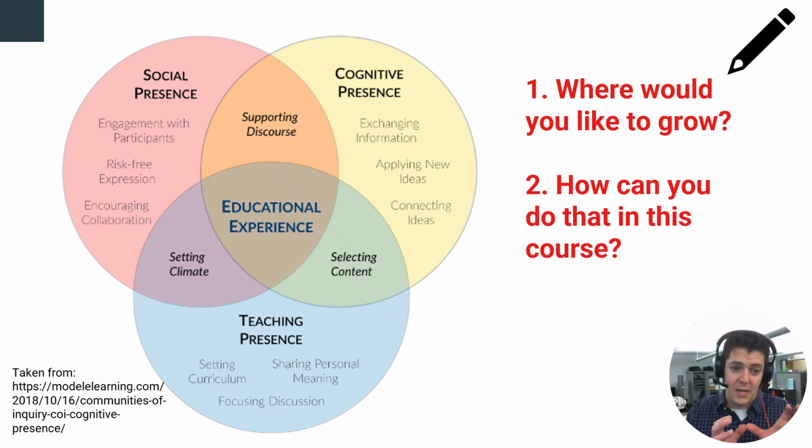It's all about that climate that creates the healthy conditions for social presence. And then across social and cognitive presence, our role is far more in facilitating. We're supporting discourse. We're engaging the students as resources for one another socially as they engage with the content and with the learning, with the cognitive presence.